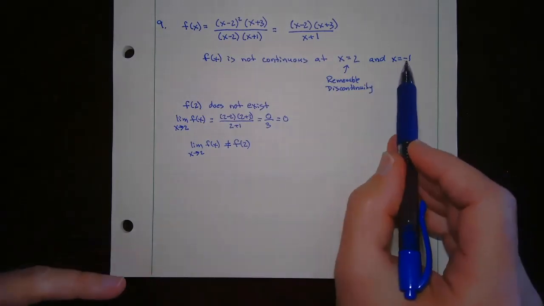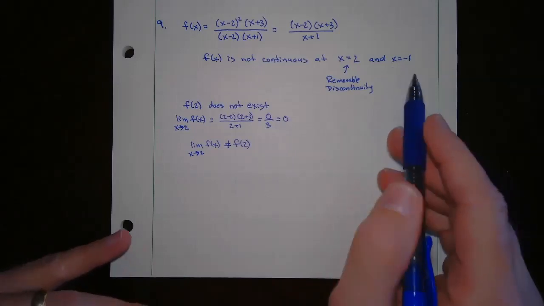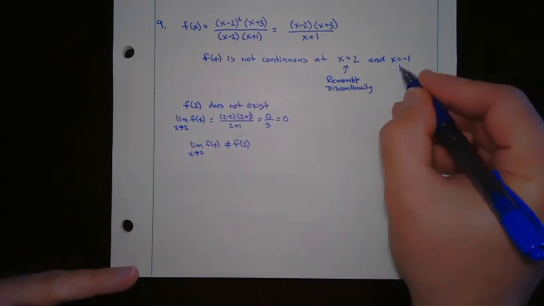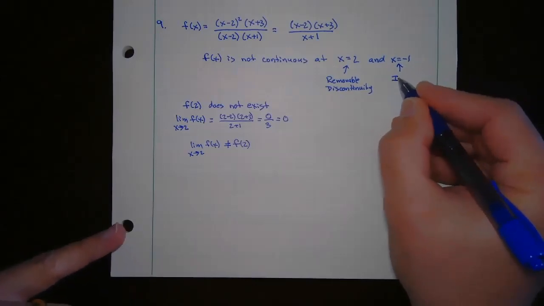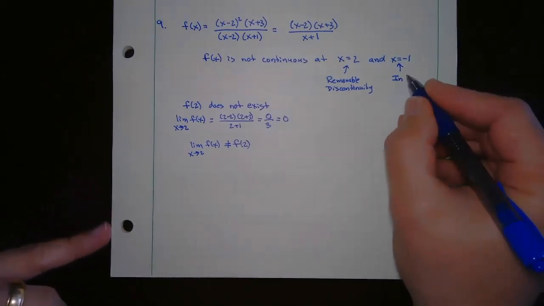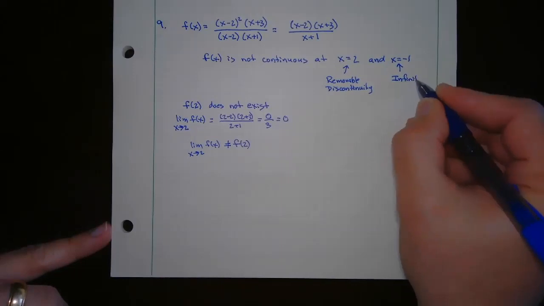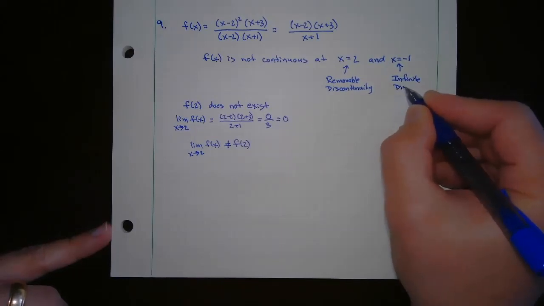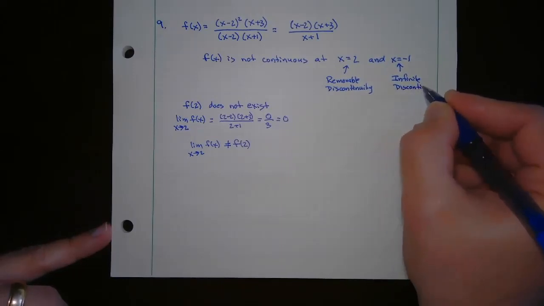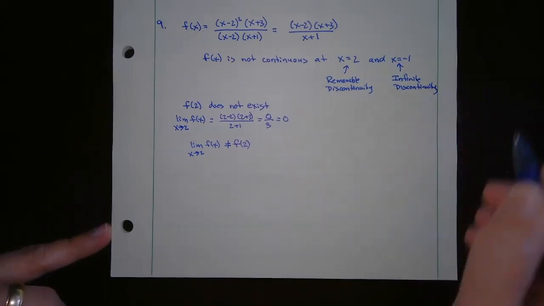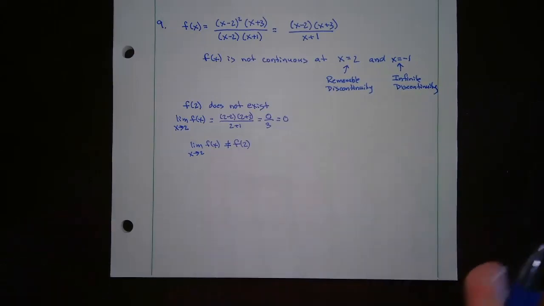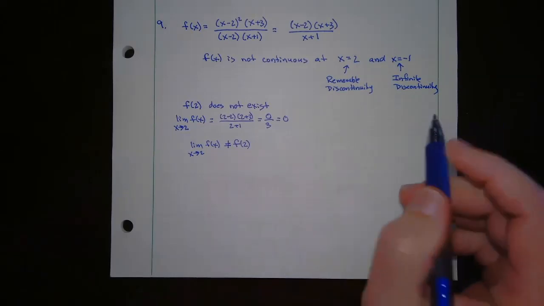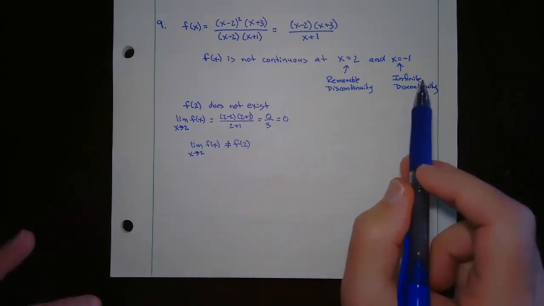At x equals -1, that's an infinite discontinuity. I'm going a little bit more in depth than what the question asked, but I think it's important to review this, because they may ask you a question like this, because they're not going to ask multiple choice questions. So why is this an infinite discontinuity?